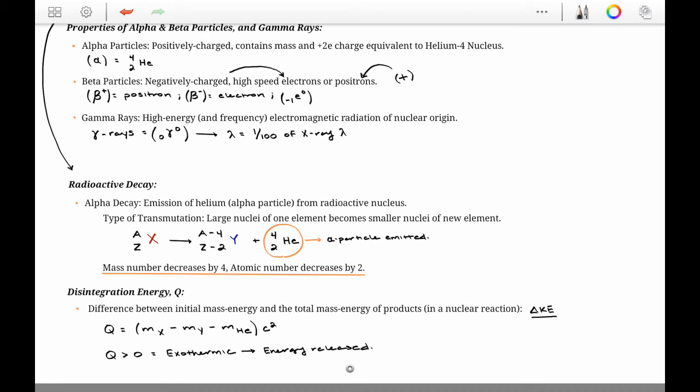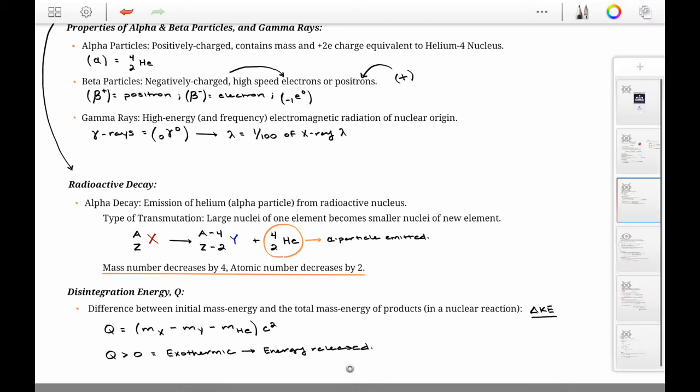A positive Q value corresponds to an exothermic reaction, which releases energy, and vice versa. A negative value for Q means an endothermic reaction, where energy is absorbed.